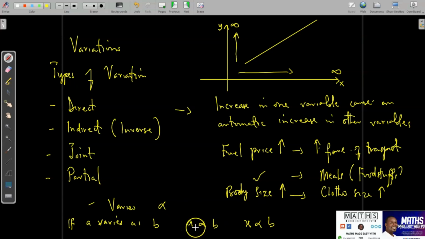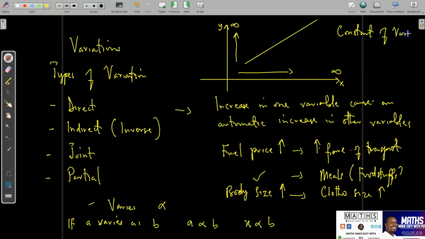Then you can change the symbolic statement into an equation. When you are changing the symbolic statement into an equation, it means that you are going to make it a firm statement for which further investigations can be made on it for future references, so that in our next prediction, that equation will have a constant of variation, or proportionality constant.